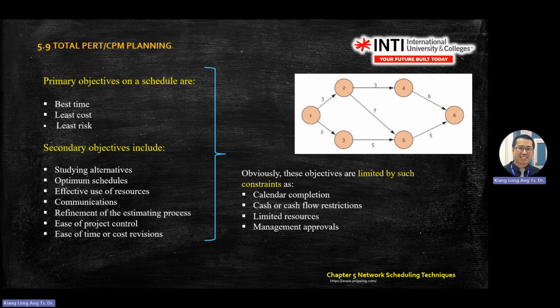The secondary objective has these 6. So you have primary and secondary, 3 points for primary and 6 points for secondary. The question will ask you for the primary objective and secondary objective, usually three answers.